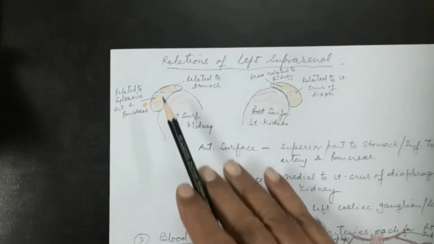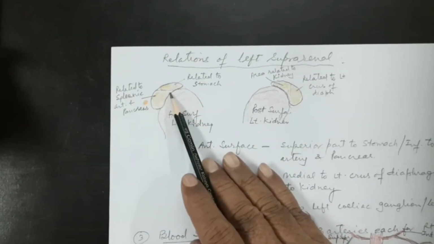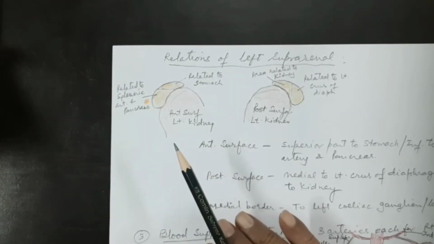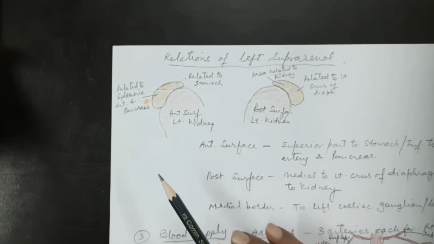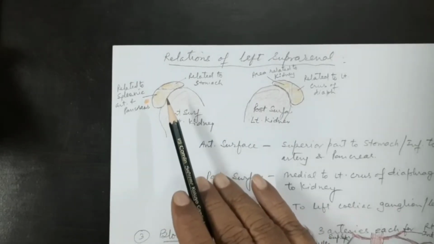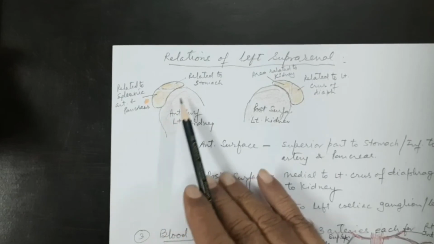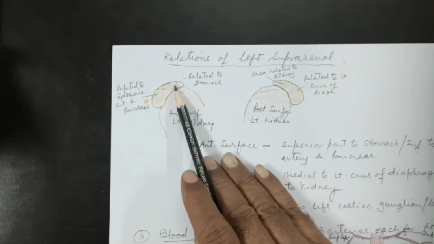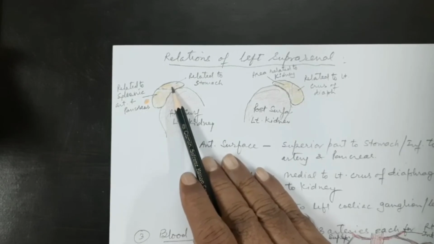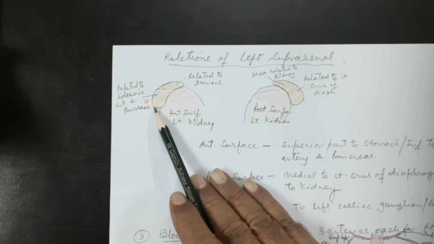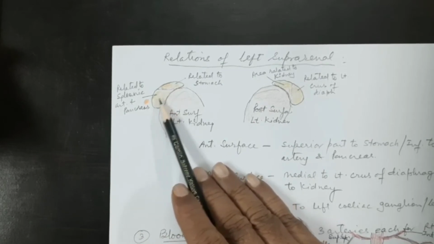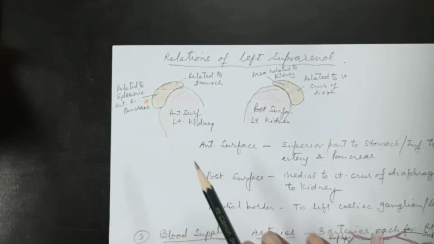This semilunar gland on its anterior surface is divided into two parts because it is in relation to two different abdominal viscera. The superior part is related to the stomach on its anterior surface, and then the inferior part is related to the splenic artery above and the pancreas below.